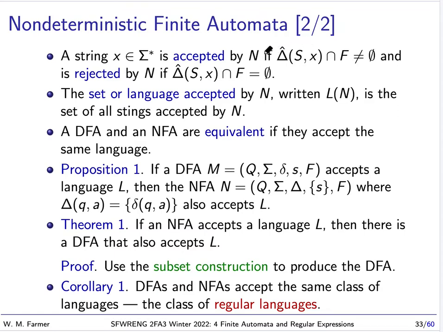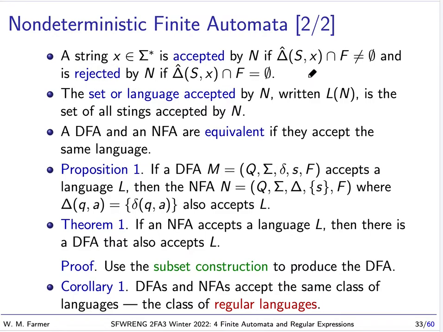If, when you're done reading the string, any of those lead to a final state, then it's accepted. There could be multiple ways of reading it, but only one of them needs to lead to a final state for the string to be accepted.